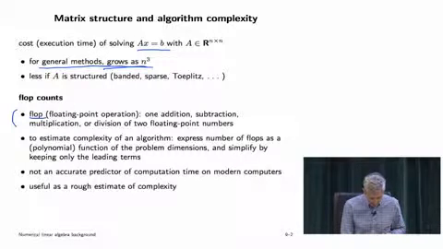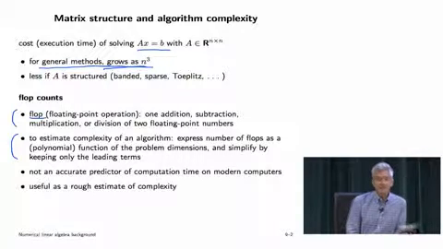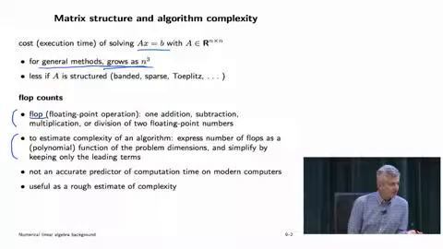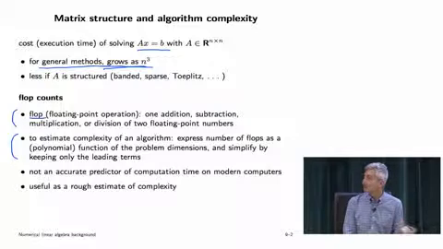So, the idea traces to the 60s and is still somewhat relevant. It goes something like this. To estimate the complexity of an algorithm, you express the number of flops. Usually it's a polynomial function of the problem dimensions. Then you drop all but the leading terms.